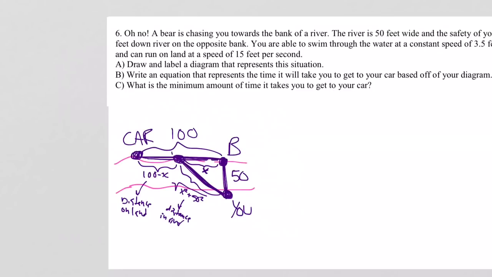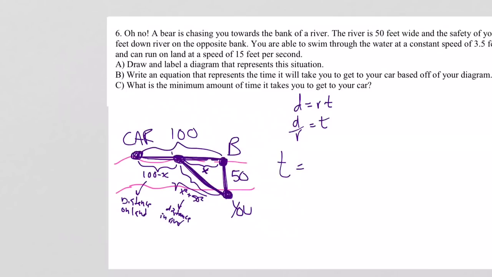So how do you find a time equation? Well, we know the distance based off of x of each of the pieces, and we know the speed we go based off of which piece we're at. And we should know that distance equals rate times time. And if distance equals rate times time, then time has to equal distance divided by rate. And that's the fact that we're going to use here. So our overall time is going to equal the time in the water plus the time on land.